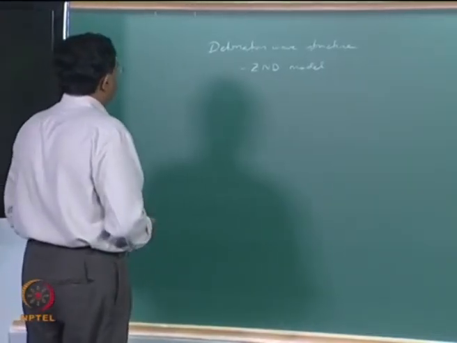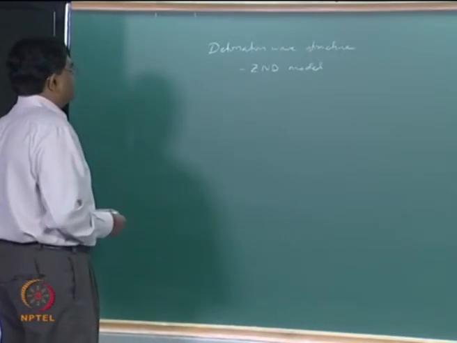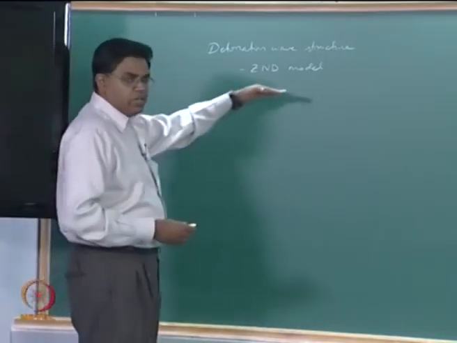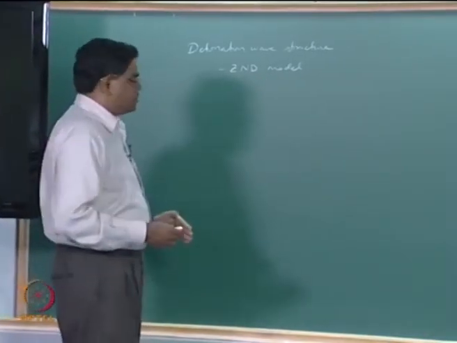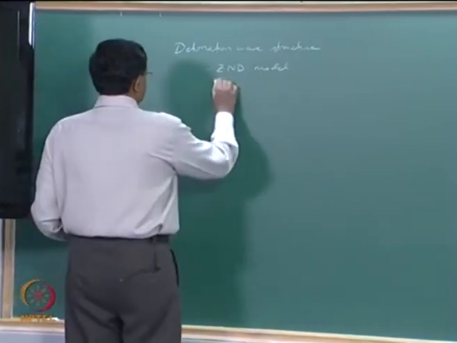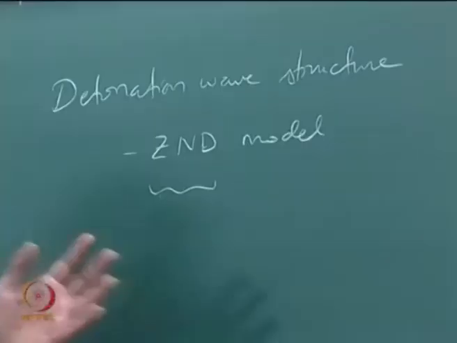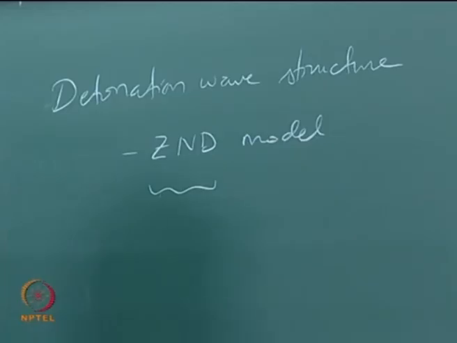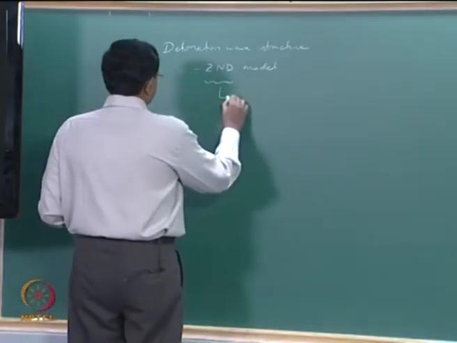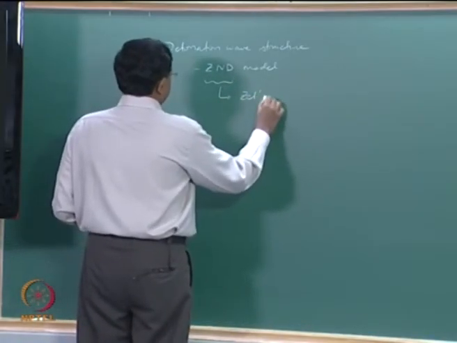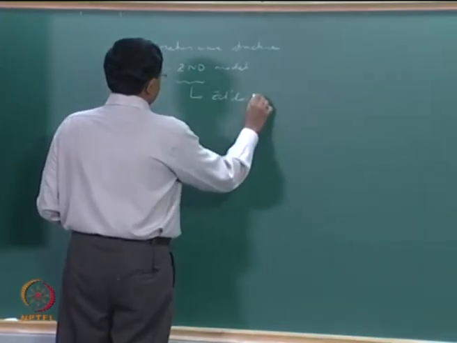and the first kind of advancement that was done in this is what is typically called the ZND model, which stands for Zeldovich, Neumann and Döring. As usual, as with most things in combustion, it always has to have Zeldovich there.